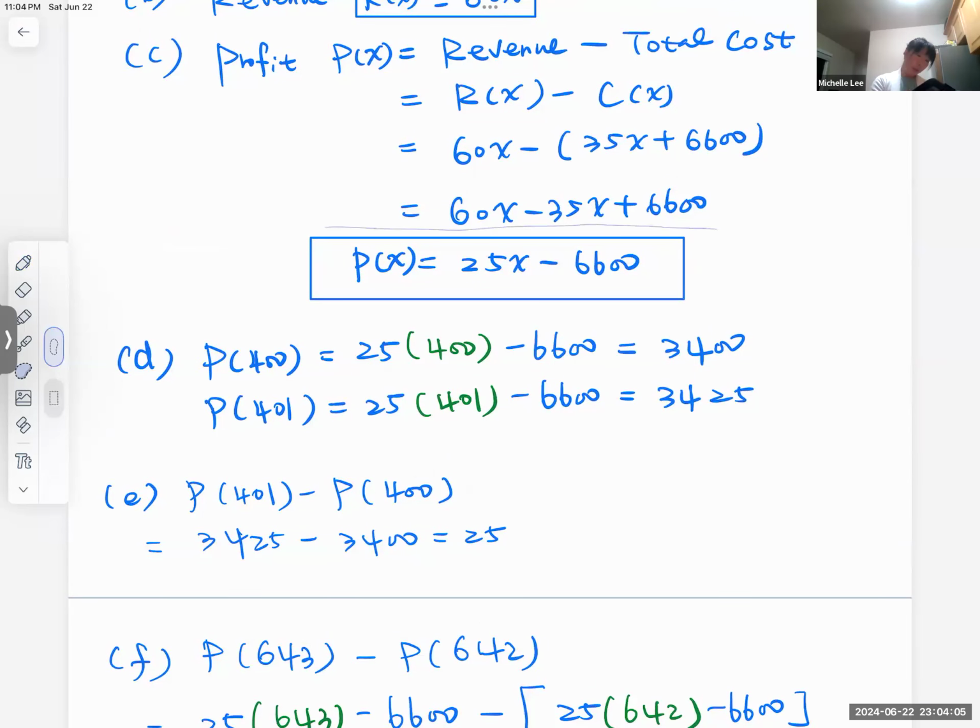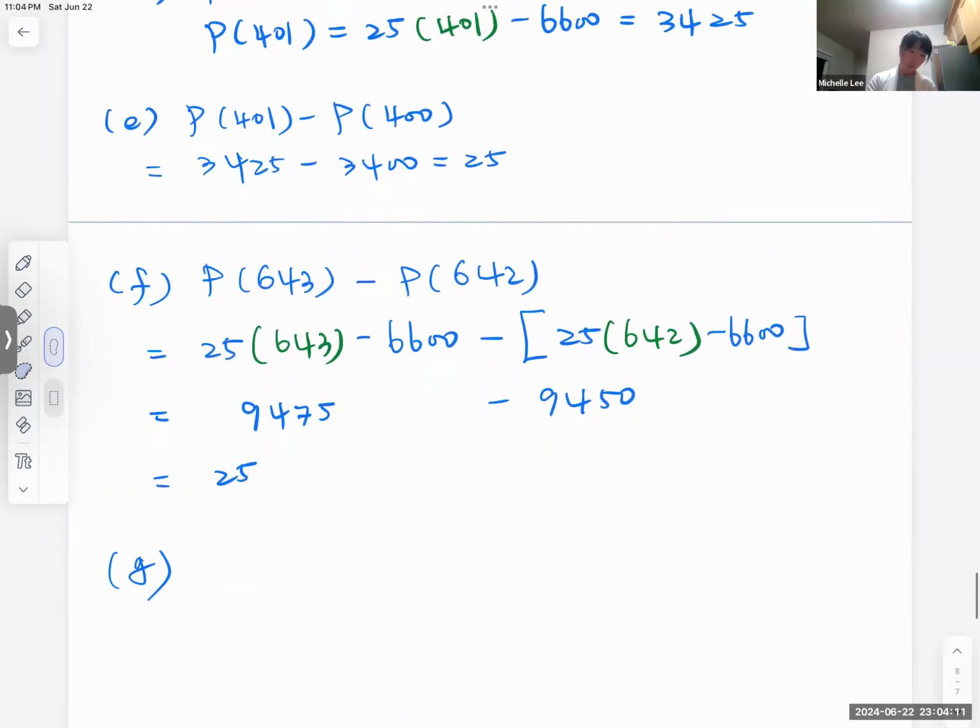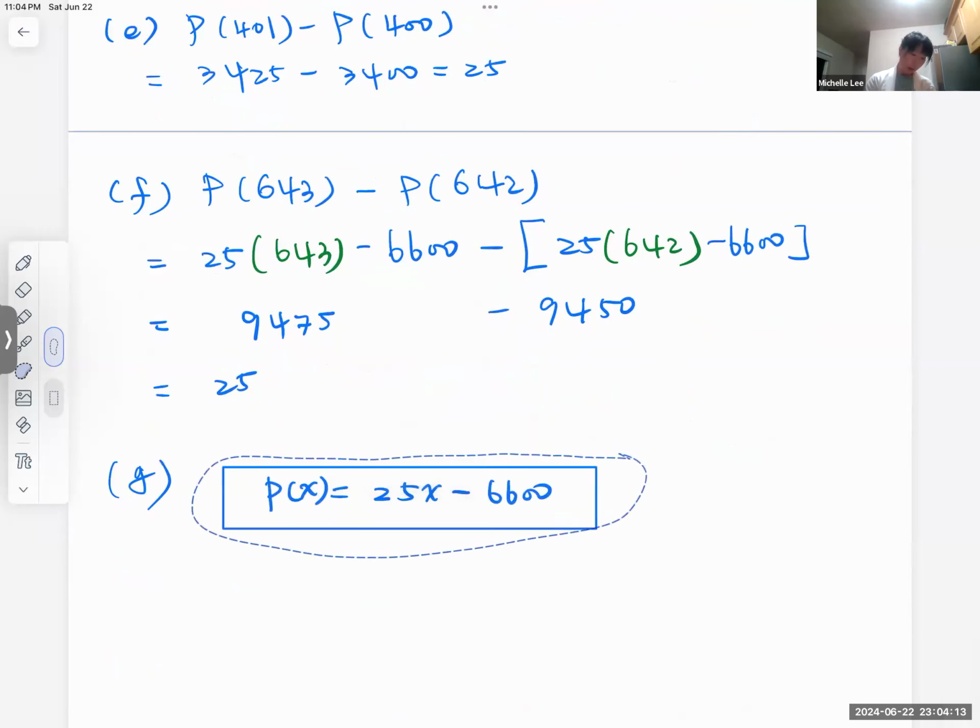So this is the one, right? So this is a profit function. So marginal profit 25 means that for each additional unit sold, each additional helmet in this case, profit increases by 25, right? So marginal profit.